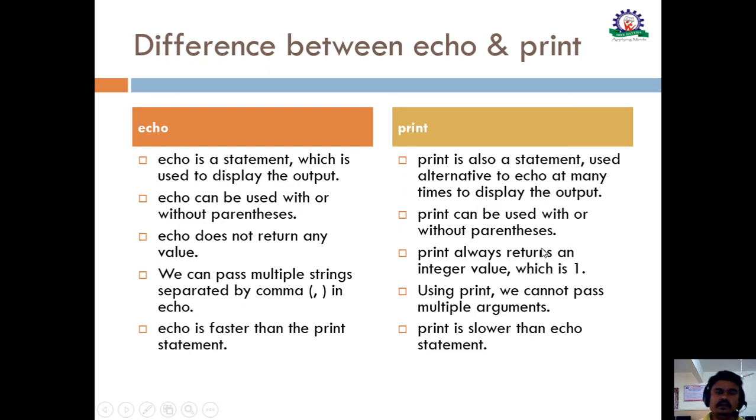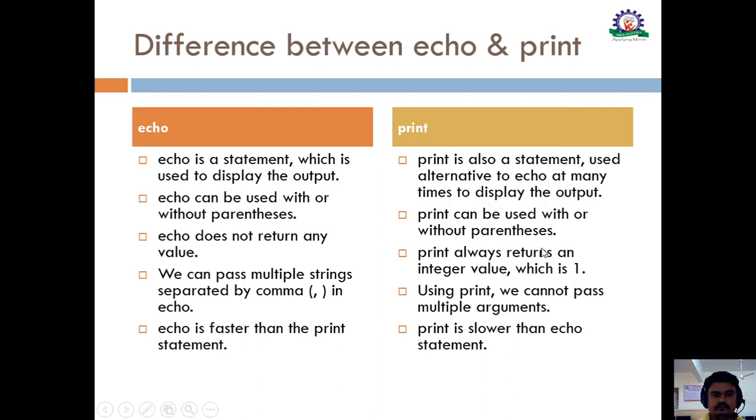In the same way, print statement can also be used with or without the parenthesis. Next, when I do checkout with echo, it does not return any value. Also we demonstrated with the program, it will show error. So when I do checkout with the print statement, print always returns the integer value, that is 1.